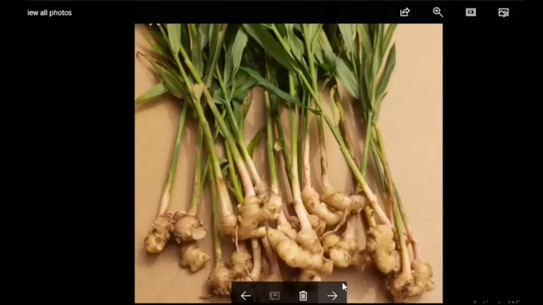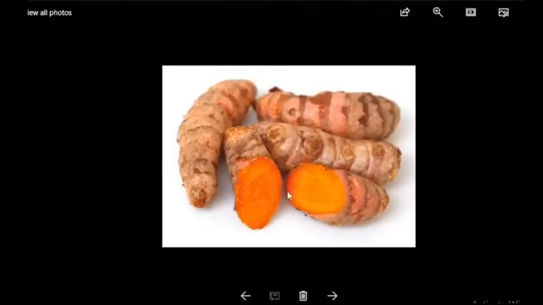This is another example. This is what the plant looks like when it is being harvested. There is a plant that looks so much like ginger. It is called the turmeric plant, and this is how it looks. This is turmeric. You can see that it looks so much like ginger, but it is not ginger.